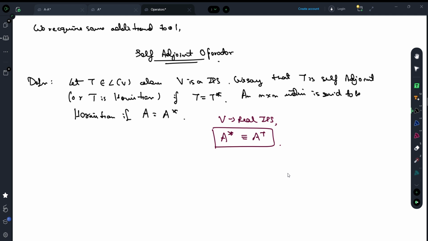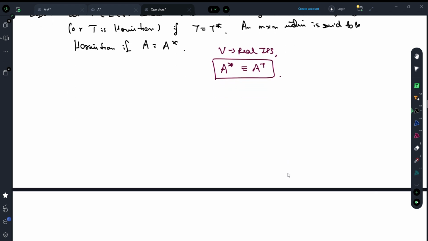We know that the characteristic polynomial will split in a complex inner product space due to the fundamental theorem of algebra, and that's why we need some extra restriction on the operator so that we can ensure the characteristic polynomial surely splits. And that is what will be our lemma.